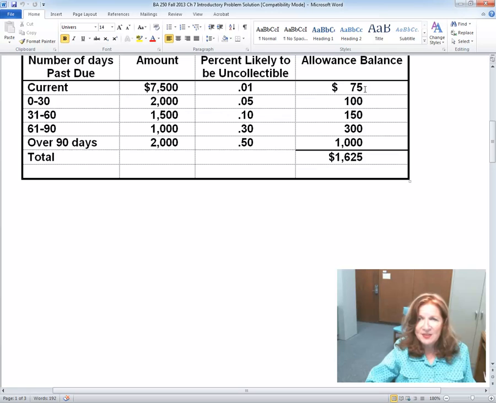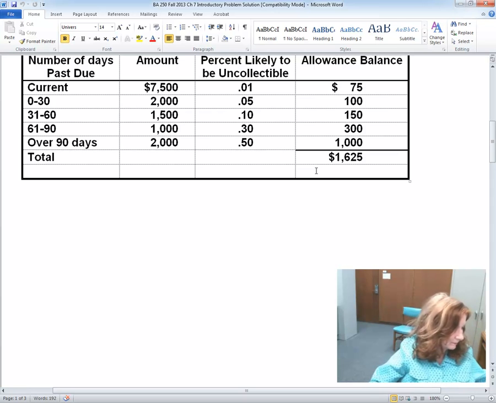So we get $75 at 1% of loss, we get $100 at 5% of loss, we get $150 at 10% of loss, we get $300 at 30% of loss, and we get $1,000 at 50% of loss. And so we need $1,625 in our allowance for doubtful accounts.